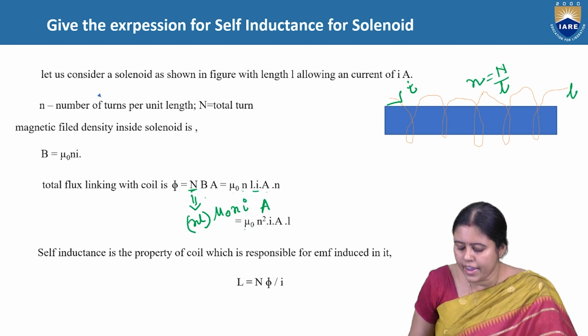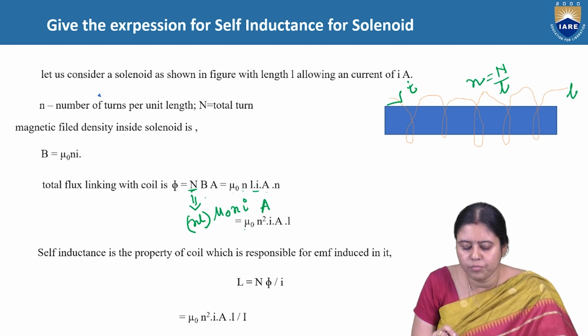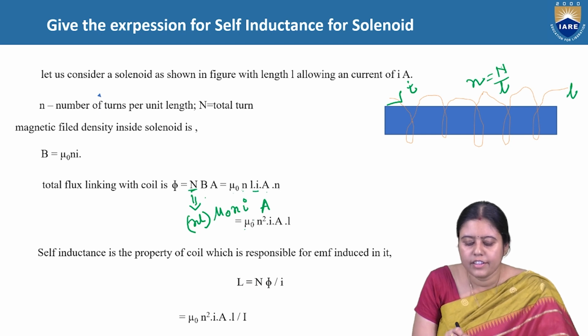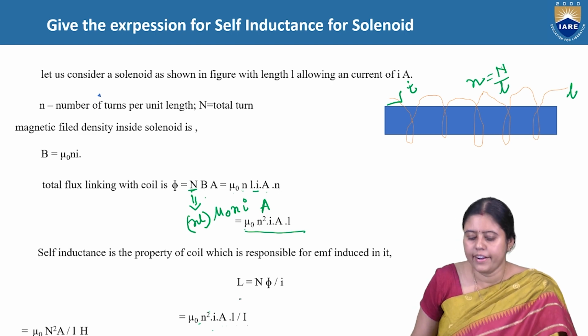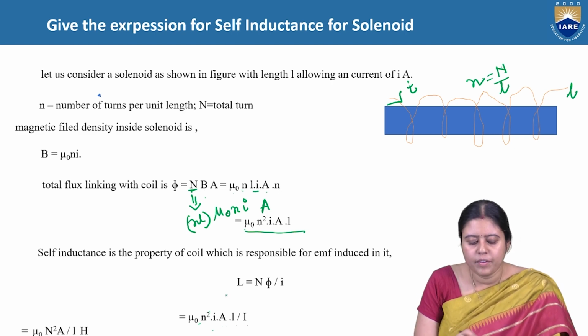If we put in the value, we get mu naught n square A into L.